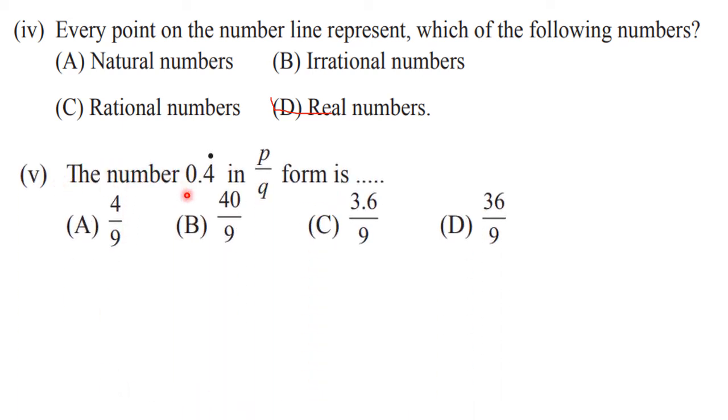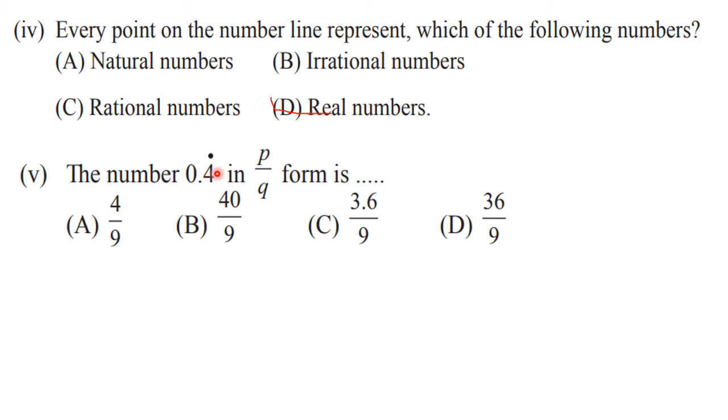The number 0.4 in p upon q form is. This also we have seen in 2.1, how to represent in p upon q form. So at that time what I told you is that if you have only one digit, you are going to multiply by 10, meaning you are going to shift by only one place. Okay, so in the numerator you will have only one digit. If you have 0 point and one digit further, then that number upon 9 is your recurring form for one decimal digit.